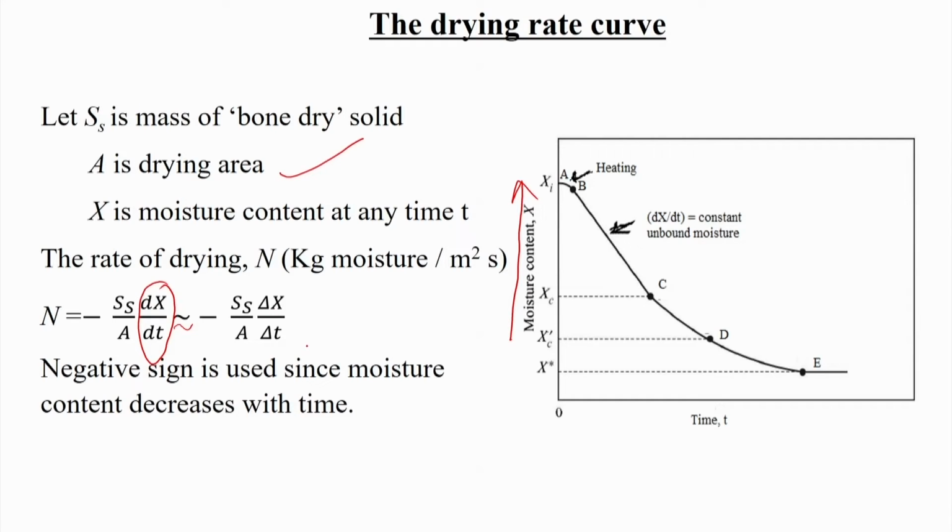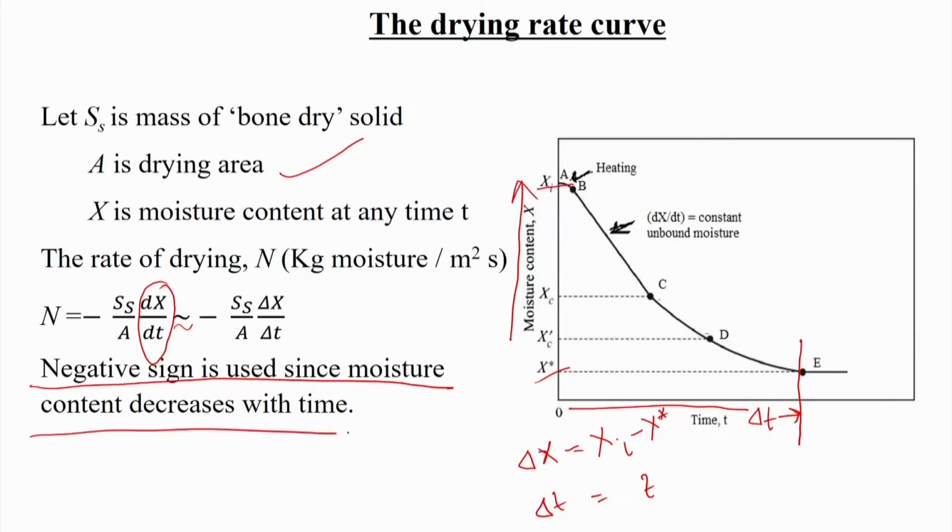If we start from x_i and reach x star, then delta x will be x_i minus x star, and delta t will be the total time required to go from this to this. A negative sign is used since moisture content decreases with time.